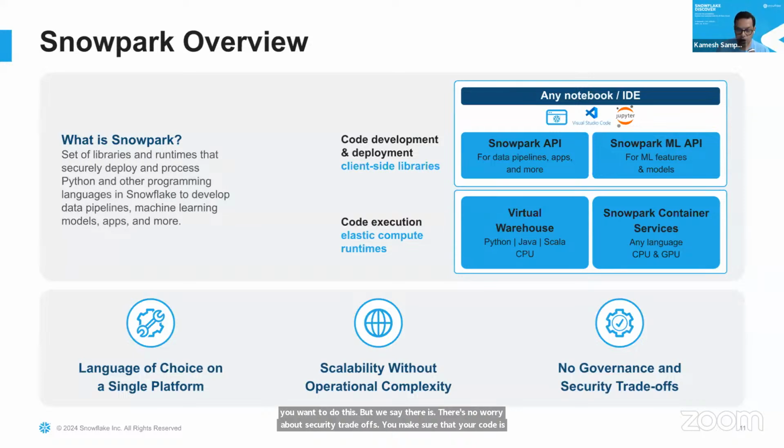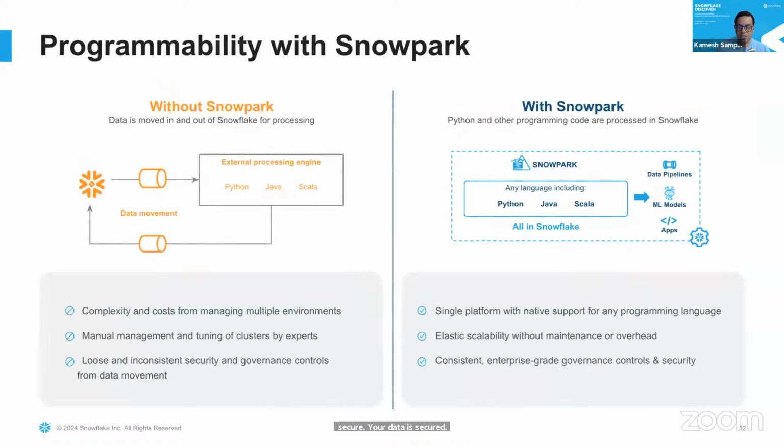Okay, great. So just to give a little bit more overview about Snowpark: what is it with Snowpark and without Snowpark? When we say without Snowpark, the screen on my left shows that I have to take data out, talk to Snowflake, and move data in, and there is network traffic involved in between.